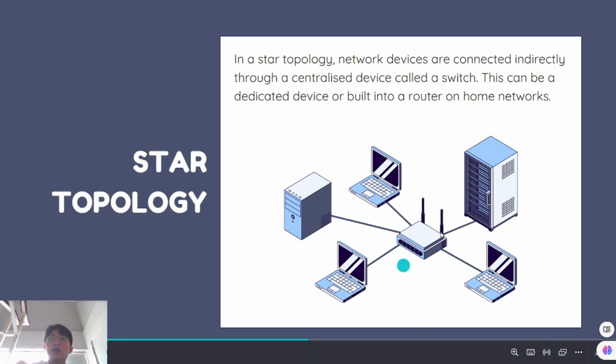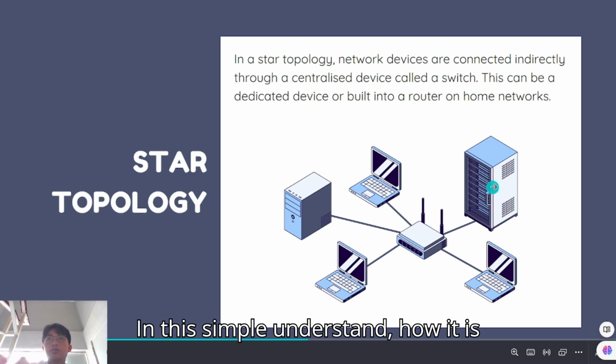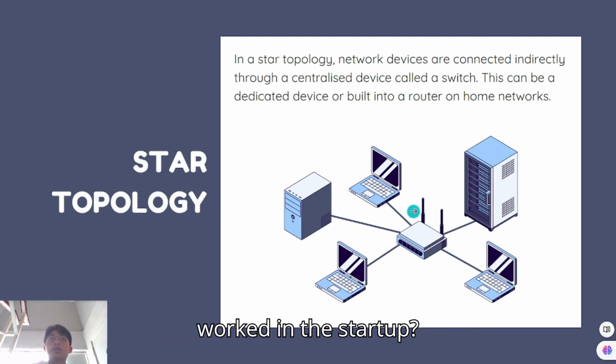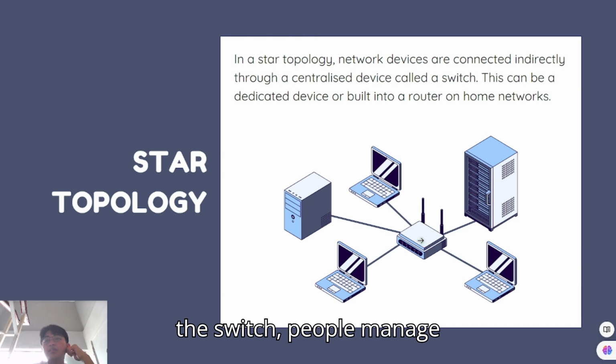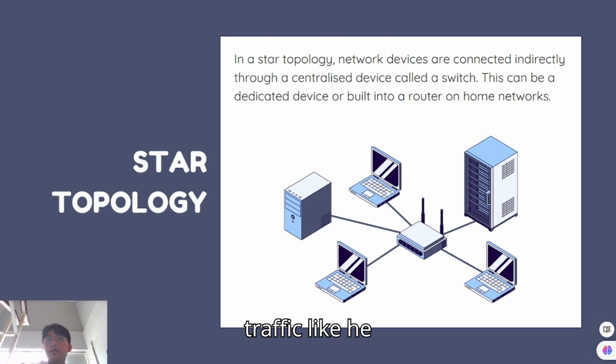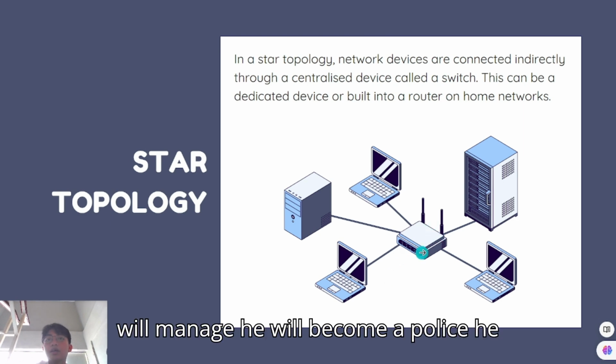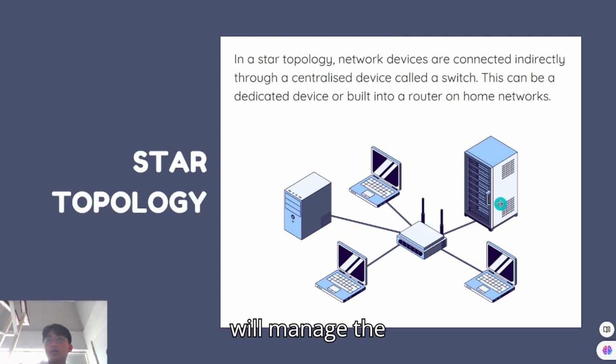This is a simple diagram of how it works in the star topology. There is a switch in the middle. It will manage traffic like a police officer. It manages the server and the clients receiving and sending.